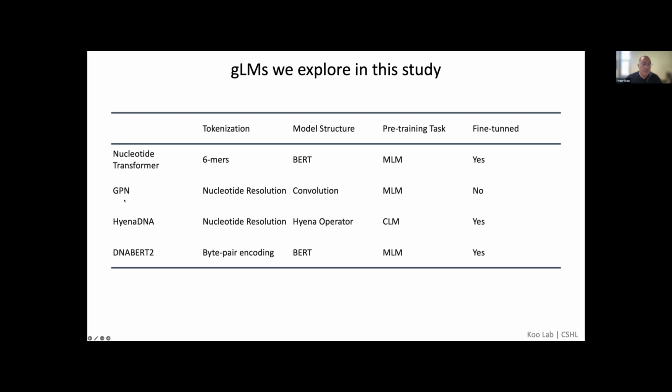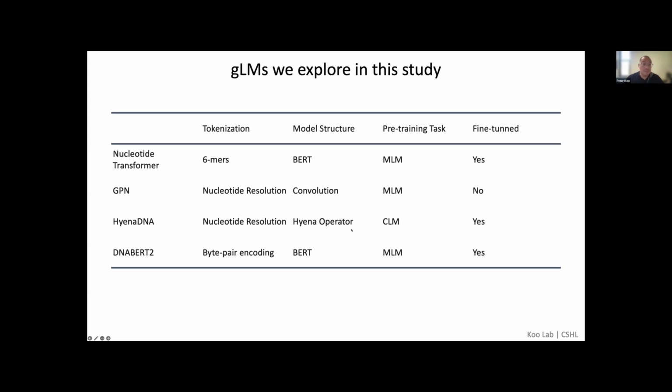And GPN is a custom model that we trained on a small number of genomes for model organisms. And the tokenization strategy is nucleotides. And the structure is a convolutional neural network, and it's also trained with masked language modeling. HyenaDNA is a state-space model that uses the Hyena operator.